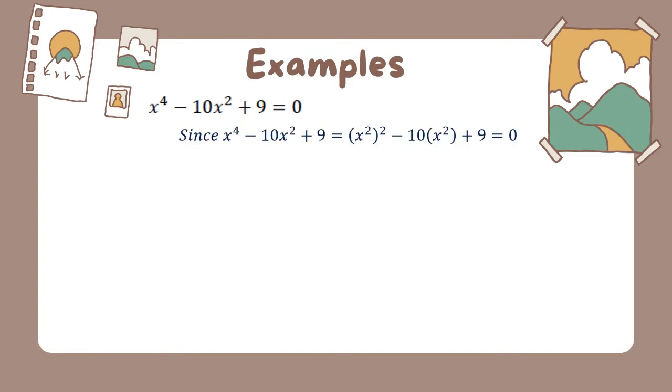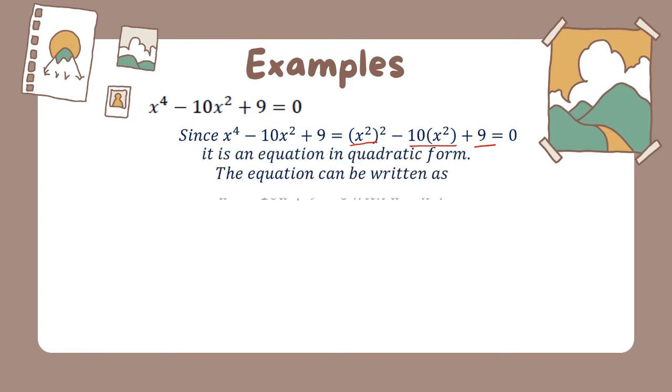This equation can be written as the quantity of x squared raised to 2 minus 10 times the quantity x squared plus 9 is equal to 0. In this equation, the value of u is equal to x squared po. And then, this equation can be written in quadratic form u squared minus 10u plus 9 is equal to 0.